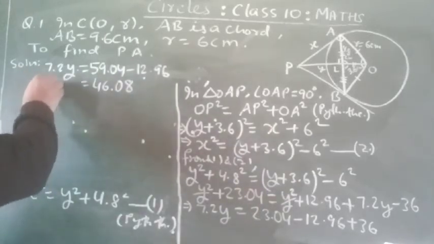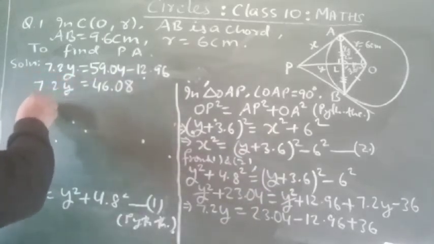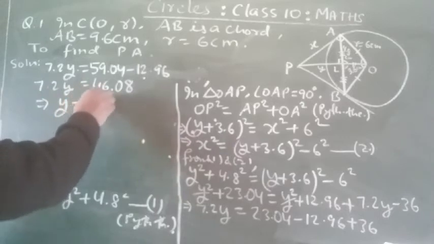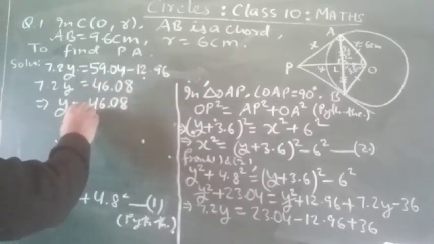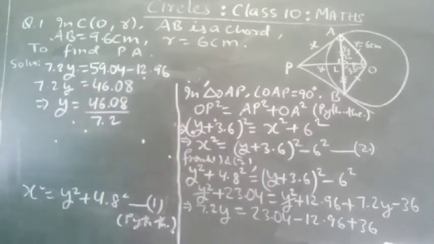It is 7.2y equal to 46.08. What is the value of y? 46.08 divided by 7.2.